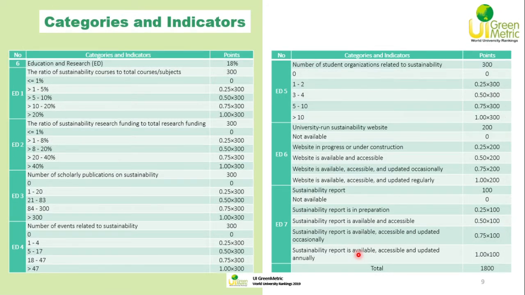And the last category, category 6, education and research, has 7 criteria. The keywords in this category are education, research, and report.